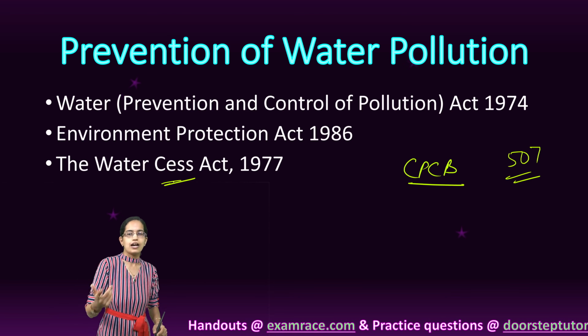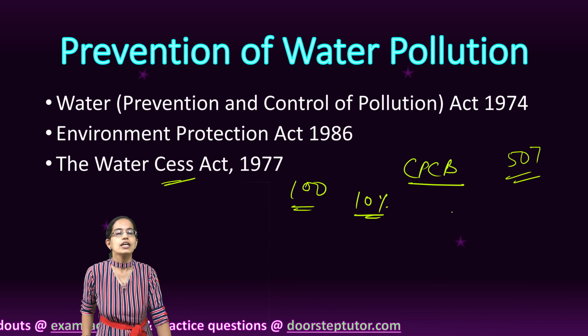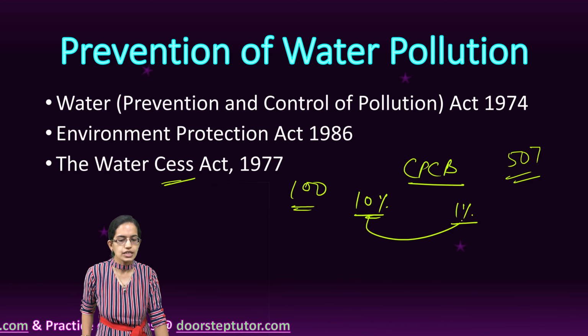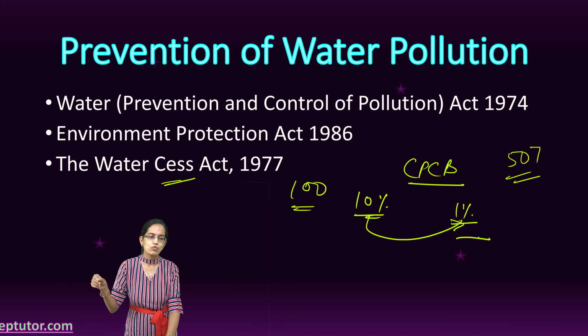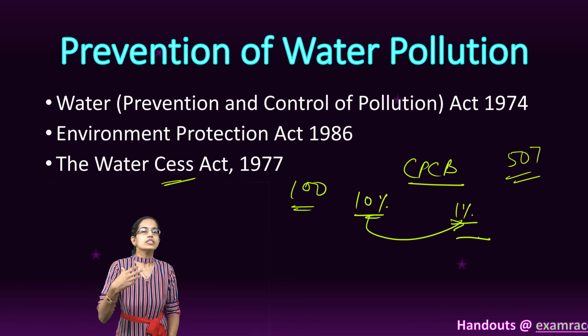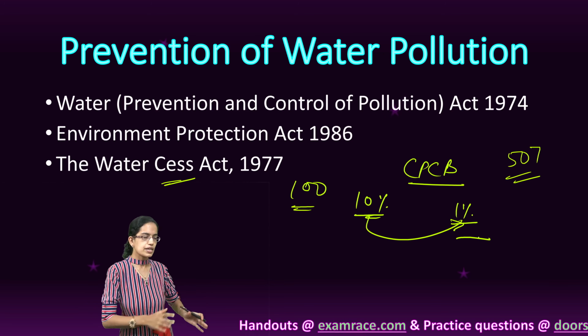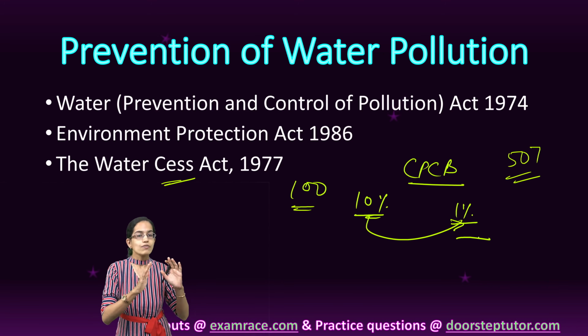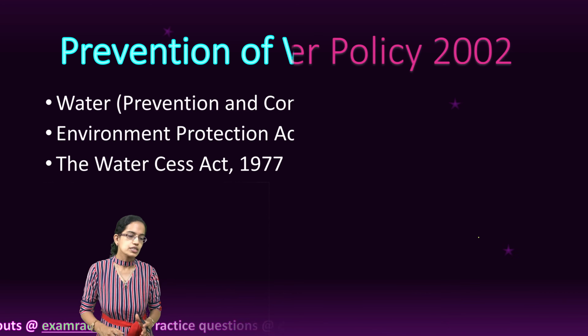Let's say there is 100 rupees, on that we have 10% of tax and 1% of cess. So of this, 1 rupee would be the amount which goes as cess. So water cess has been taken into consideration for charges in order to preserve the water bodies, create public awareness, maintain that the water bodies are not polluted, and have a proper policy for its implementation.